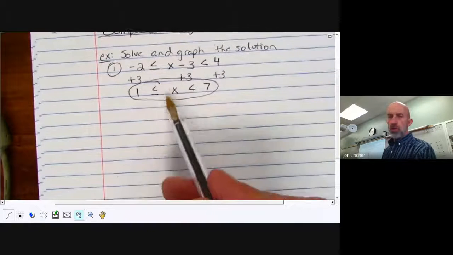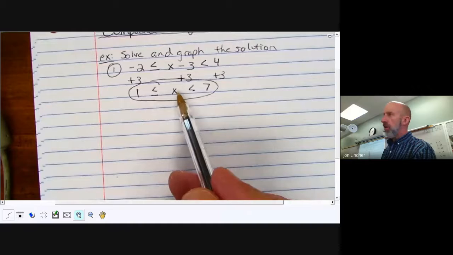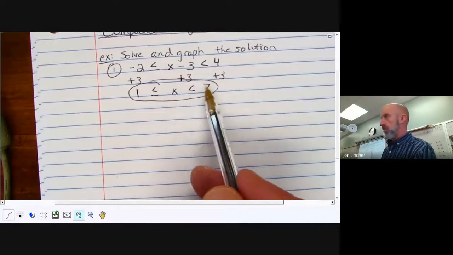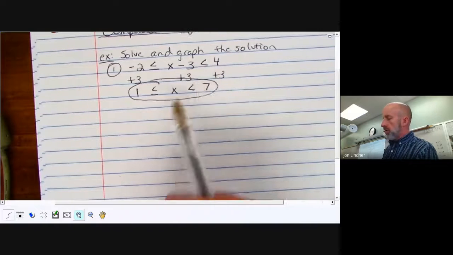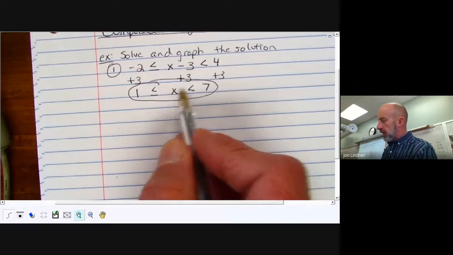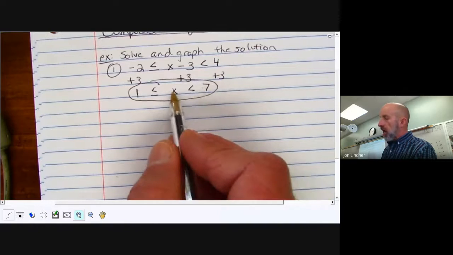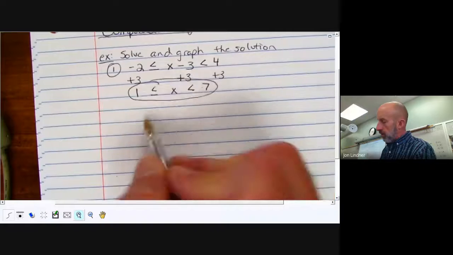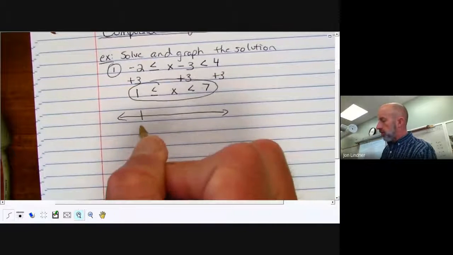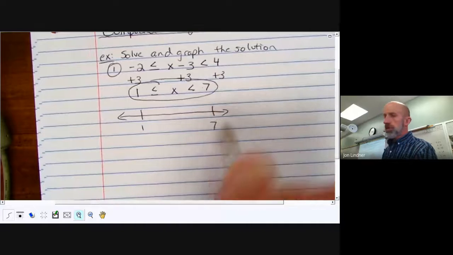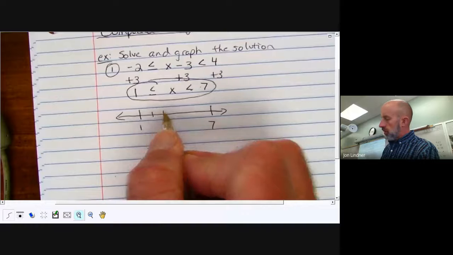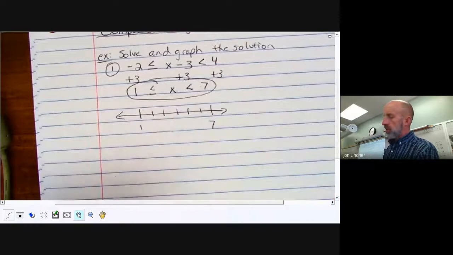Well, I told you to start at the variable and read from the variable to the number. So this is saying that the answers are the numbers less than 7 and greater than or equal to 1. So on a number line, here's 1, here's 7, 2, 3, 4, 5, 6.